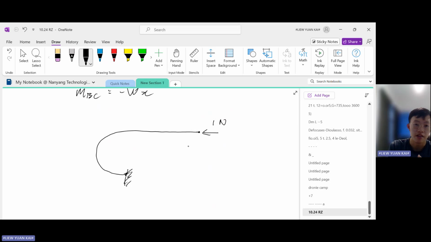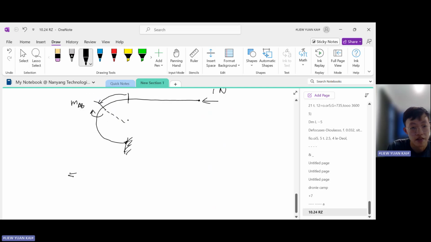Okay, and now I'm just gonna do the same thing. So find the virtual internal load here. So go somewhere in the middle of AB, take a cut, go down. Okay, so this is my mAB. Then now let's take moments about the member AB.